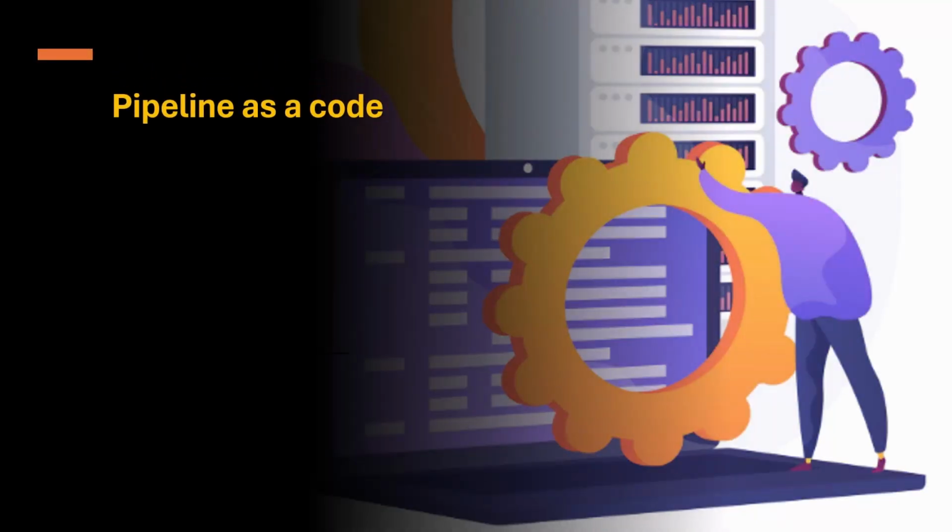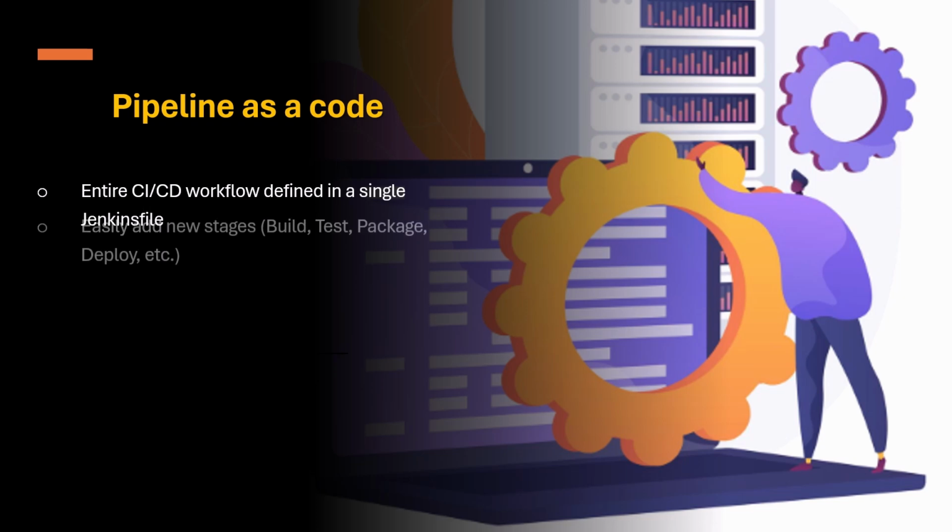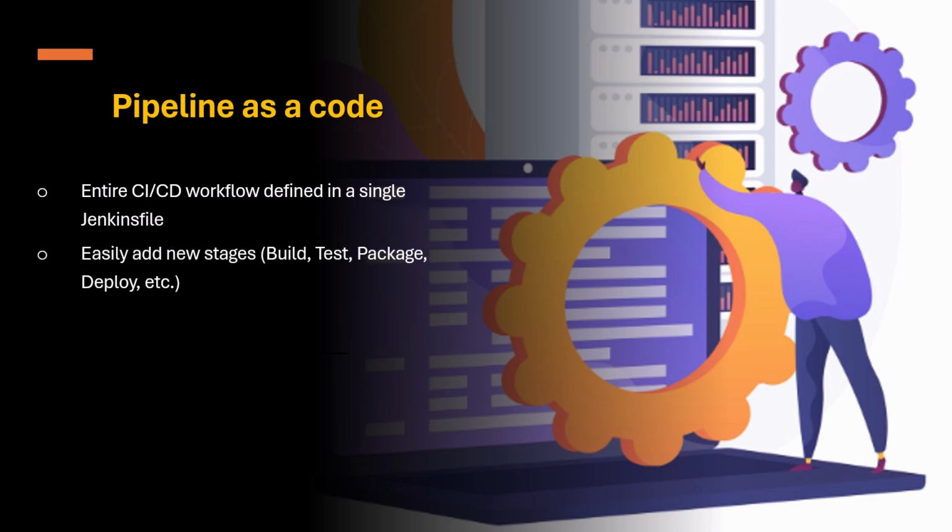So this demonstrates one of the greatest advantages of Jenkins pipeline, that is, pipeline as code. Instead of creating and linking multiple Jenkins jobs through a graphical interface, the entire workflow is described in a single text file. If tomorrow we need to add a package, Docker build, security scan, or a deployment stage, we simply add another stage block to the Jenkinsfile.